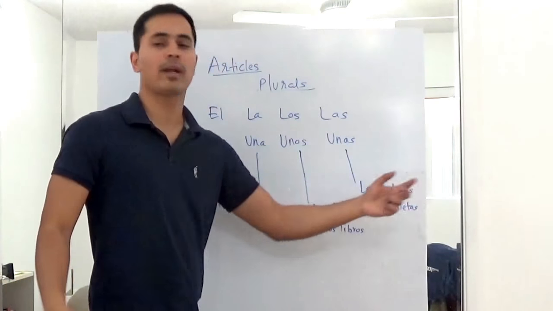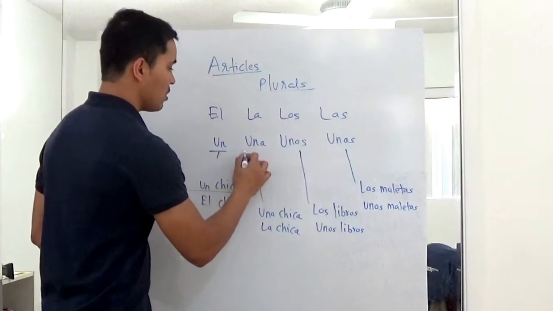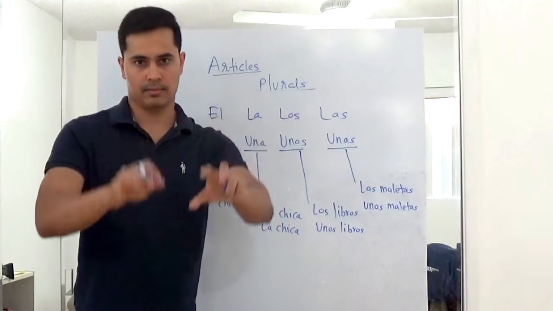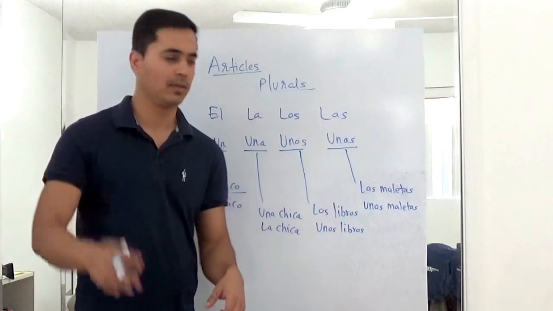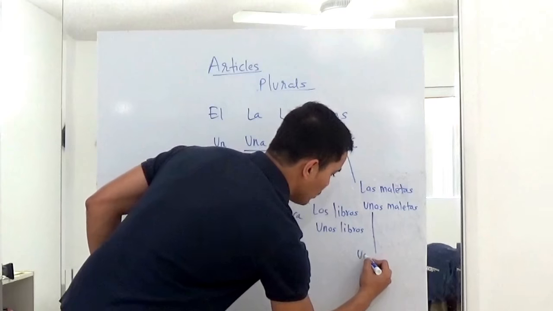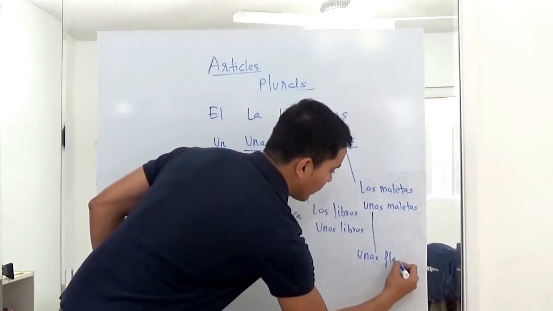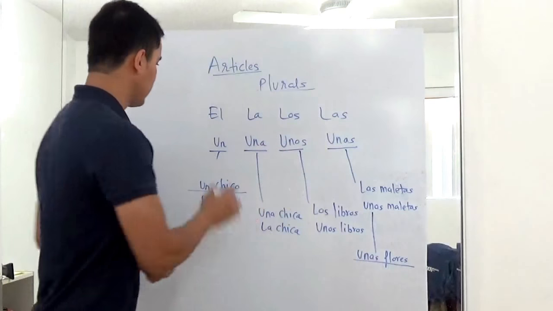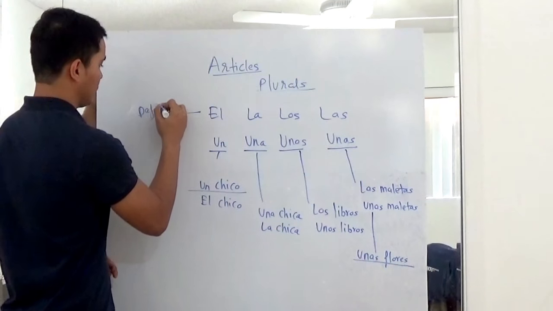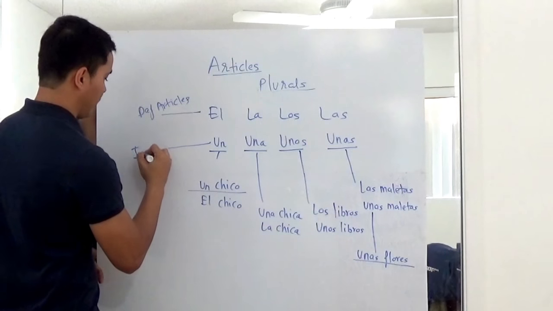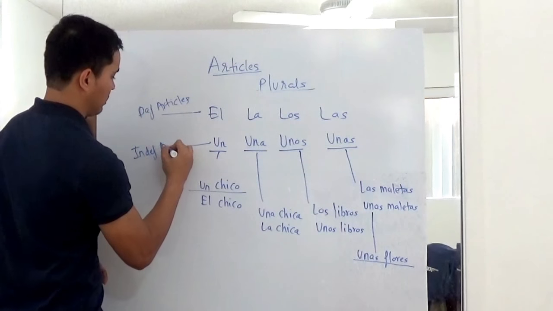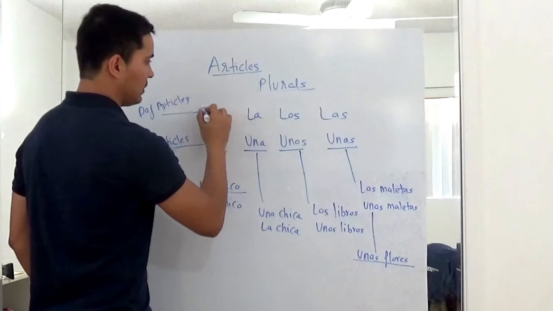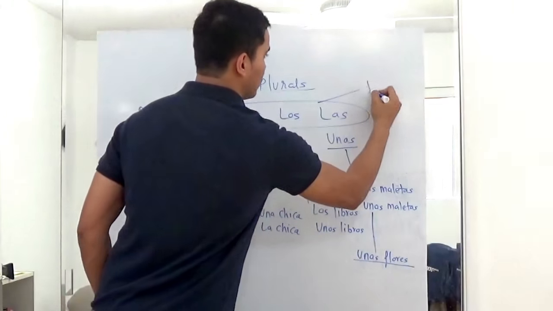So these are indefinite articles. Un, una, unos y unas, which means a or some. In the case of plural we say some. For example, unas flores, which means some flowers. So you got this? These are called definite articles and these are called indefinite articles in Spanish. The English equivalent of these four is the.